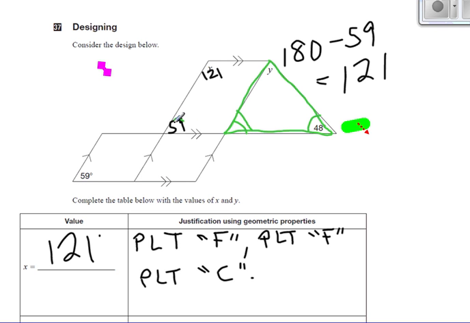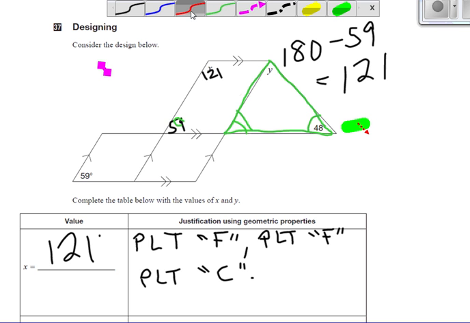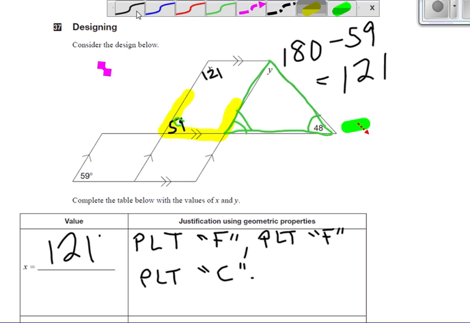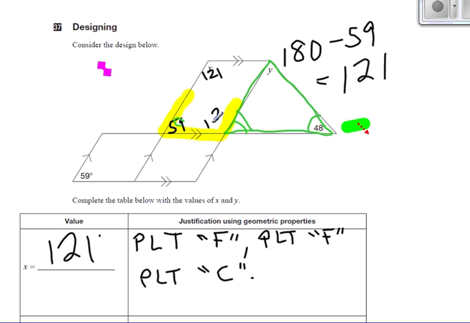Well, think about the parallelogram that's right beside where I'm looking. In that parallelogram, we have a C pattern. Oh, look at this C pattern. And that means that if I have 59 degrees over here, then I have 121 degrees right here because they add to 180.